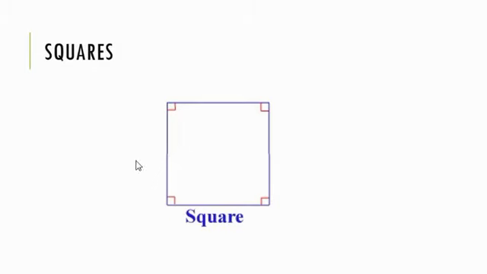And if you can use either one of those theorems to prove that a quadrilateral is a rectangle and a quadrilateral is a rhombus, then you can conclude that the parallelogram is a square.